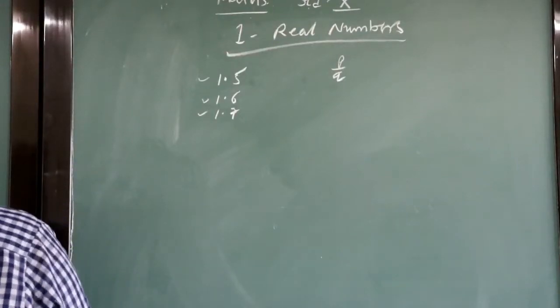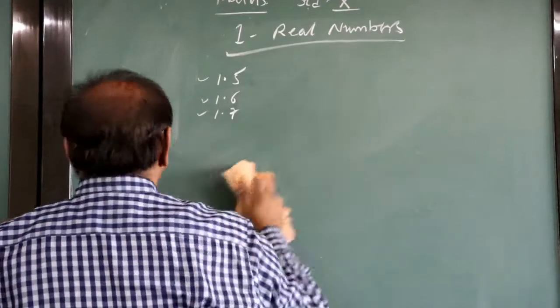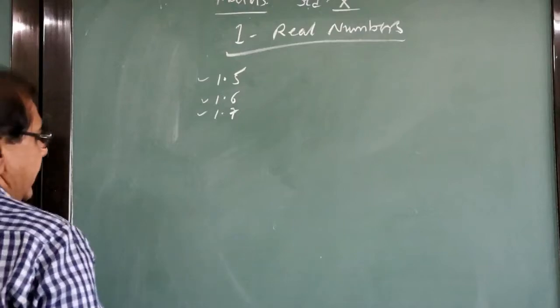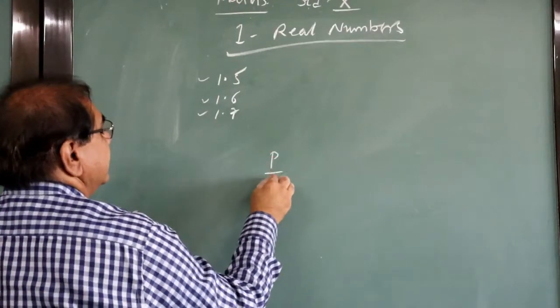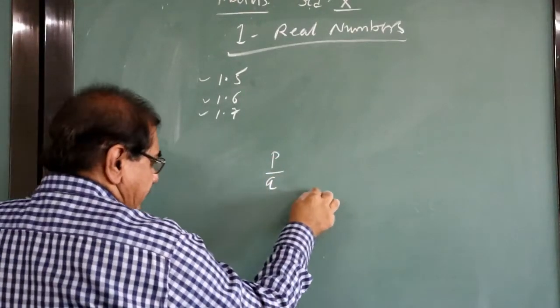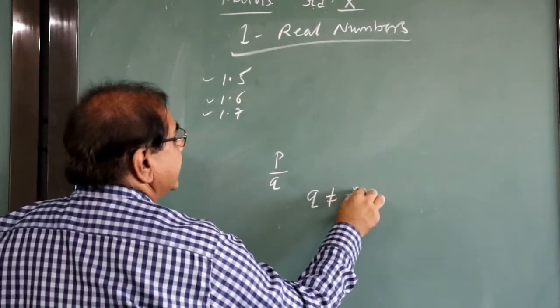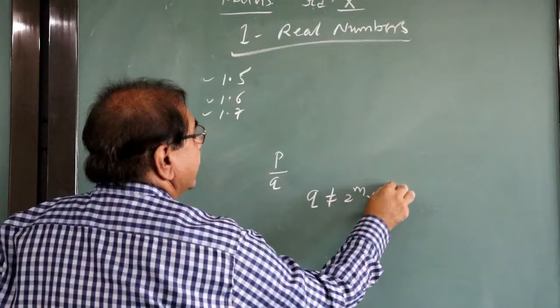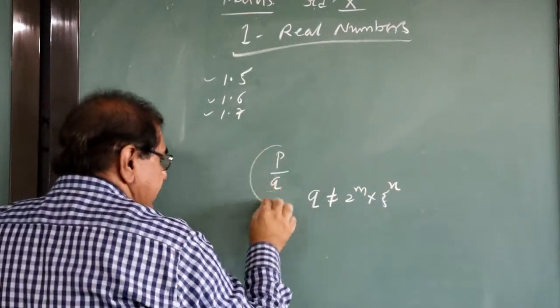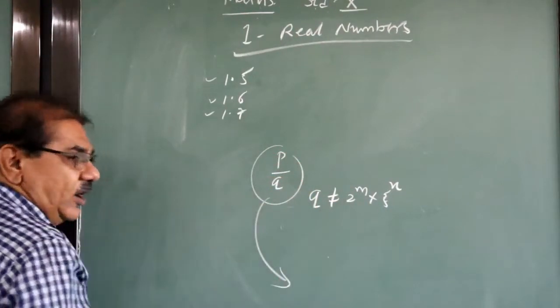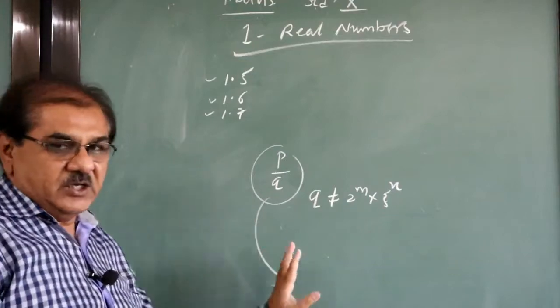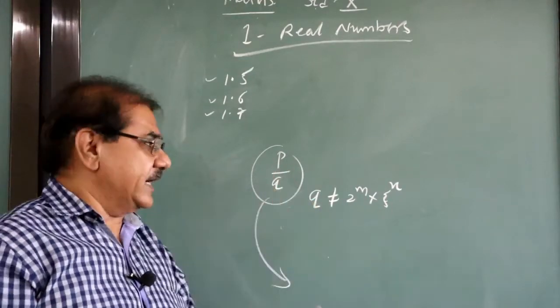1.6 was the converse of 1.5, and 1.7 was: if in the fraction p upon q, the prime factorization of q is not of the form 2 raised to m into 5 raised to n, then the decimal expansion of this rational number is non-terminating and recurring.